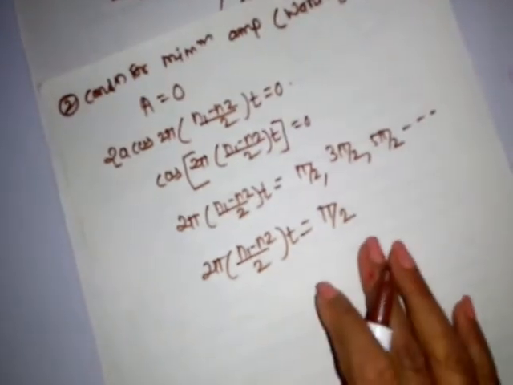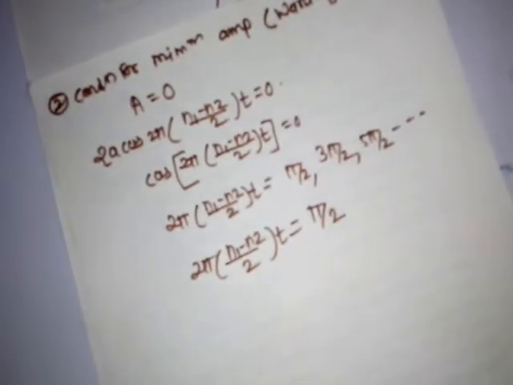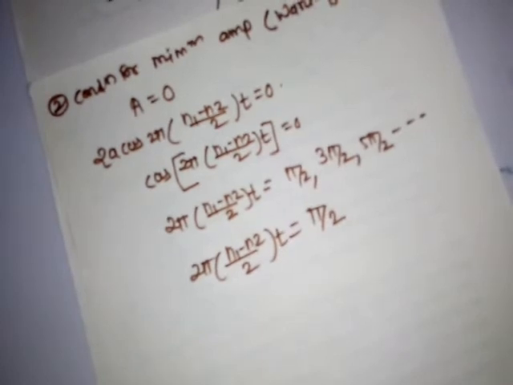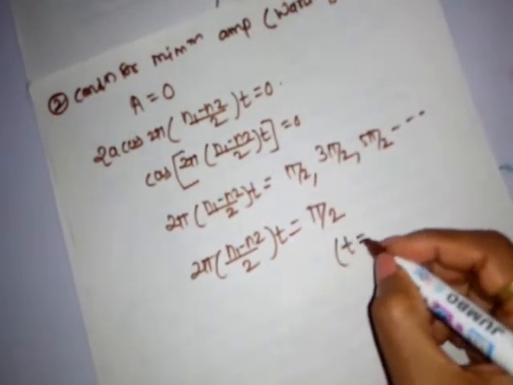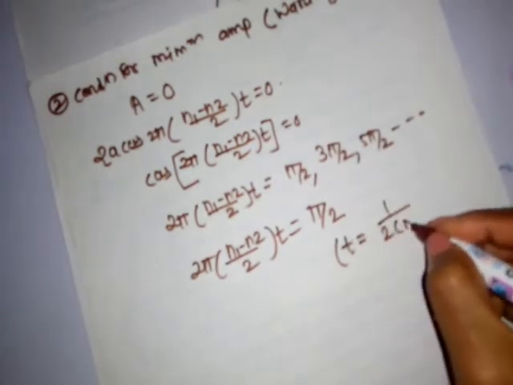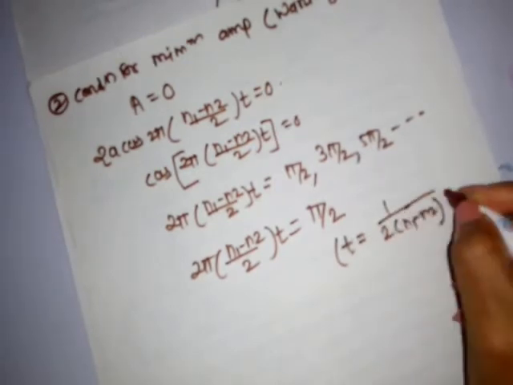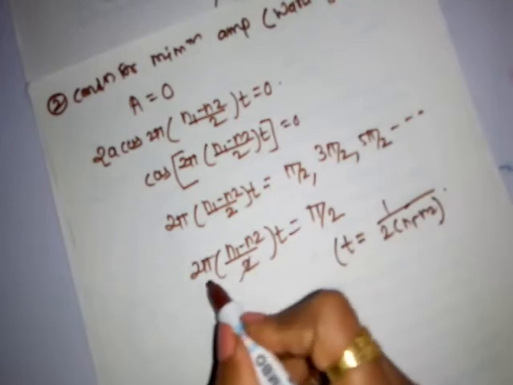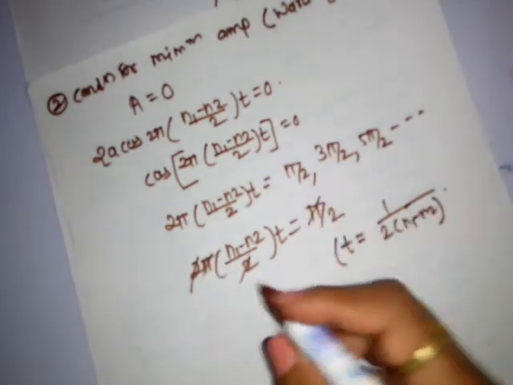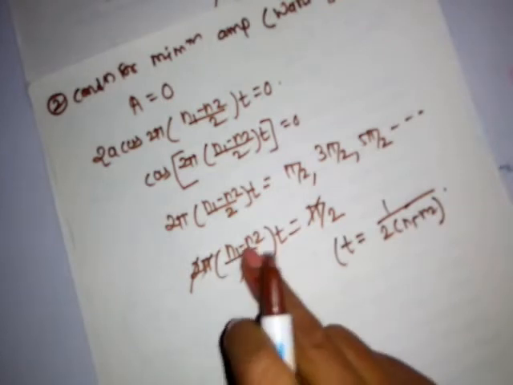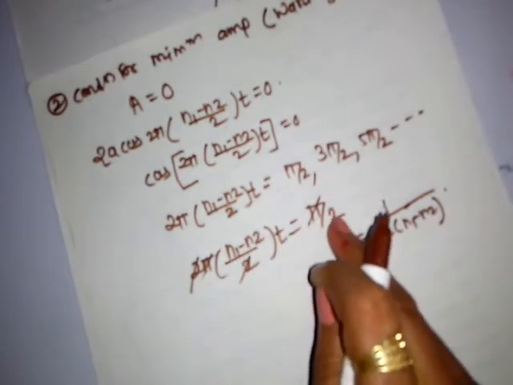When pi by 2, then we get the value of t as, here the value of t will be 1 upon 2 (n1 minus n2). How? Here this 2 gets cancelled, pi gets cancelled, then remaining as (n1 minus n2) into t is equal to 1/2.